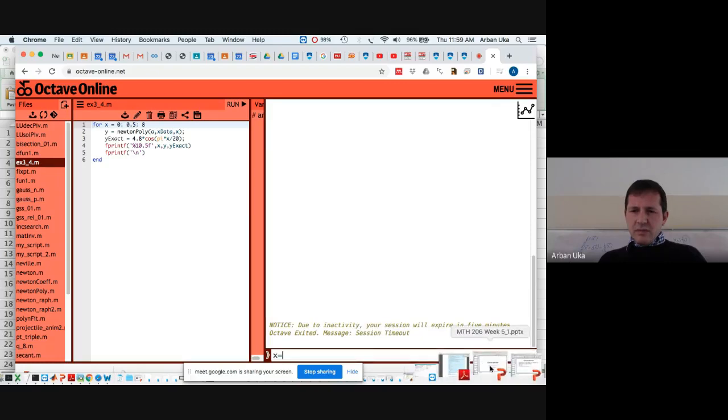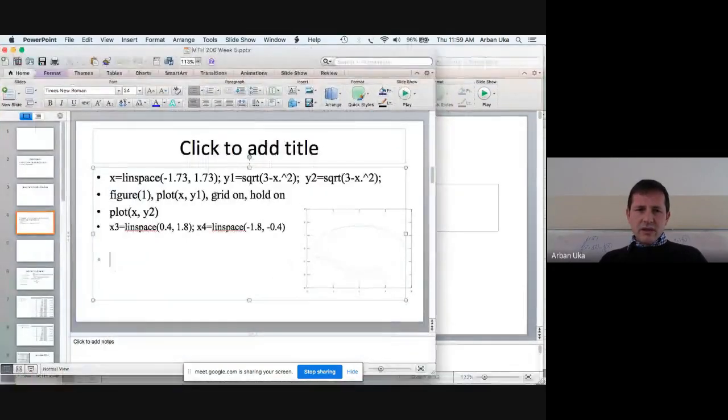So we can try the following, x is equal to... I prepared something, probably I have it here. X in space. Okay, I think I can pick up this one. The square root of 3 is around 1.7.